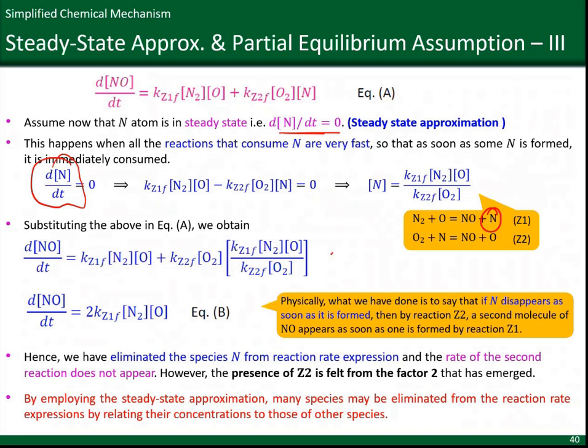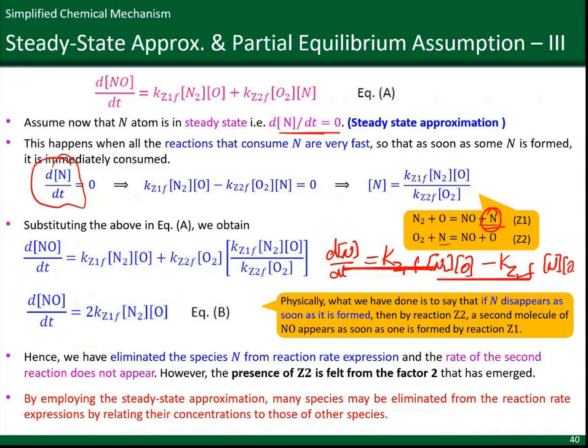The rate of formation of nitrogen atom from the first reaction, it's getting formed, so it's kZ1F times N2 times O. And then once it's formed, it's getting consumed in the second reaction, so it's going to be minus kZ2F times N times O2.